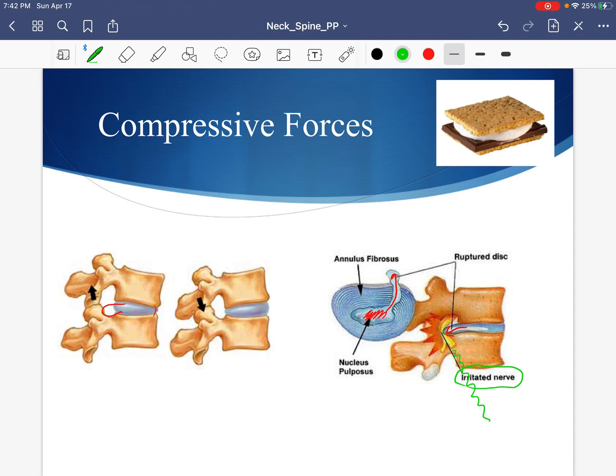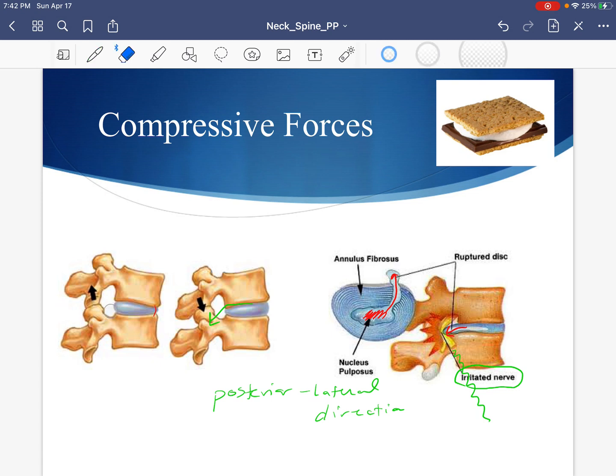So a couple of things I want to point out. Which direction is a disc most likely to protrude? It is most likely to protrude in a posterior lateral direction. Almost always, if we have a disc bulging, it will bulge out in a posterior lateral direction.